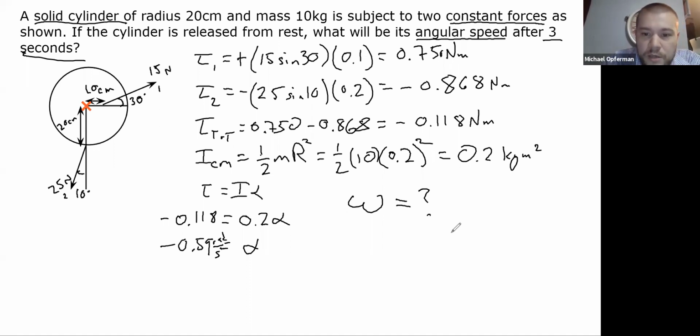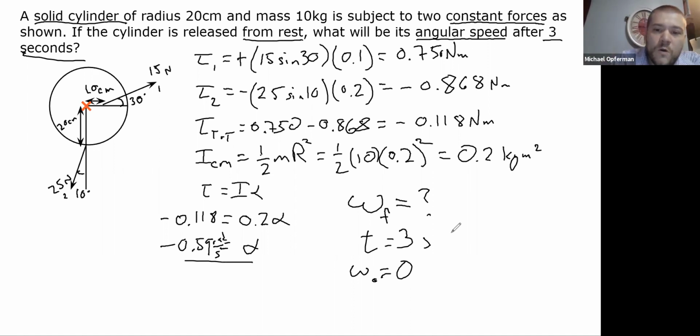So kinematic equations apply. We're being asked to calculate omega final. We've got a time elapsed of 3 seconds. It's released from rest, so that gives me an initial omega of 0. And I can also use my alpha as a known piece of information for the kinematic equation.